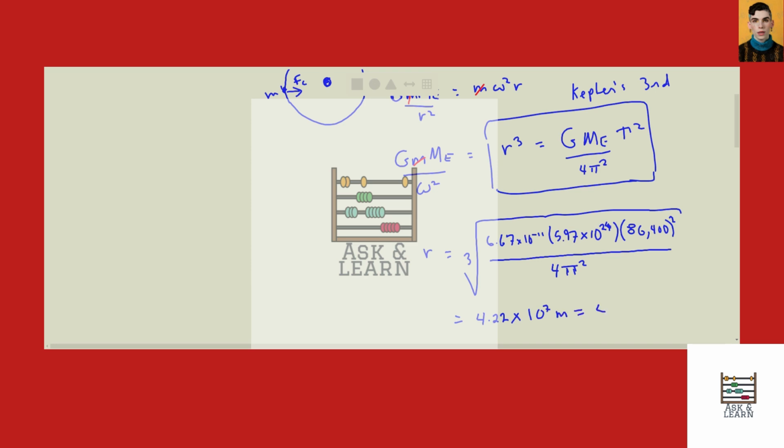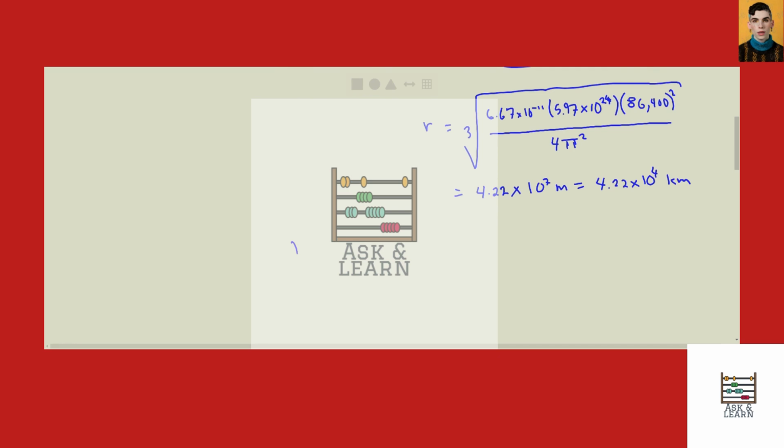And we'll write that in kilometers, and it might be a little bit easier to interpret. The moon, by the way, orbits at approximately 4 times 10 to the 5th kilometers.